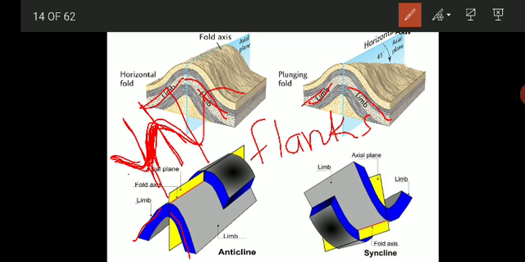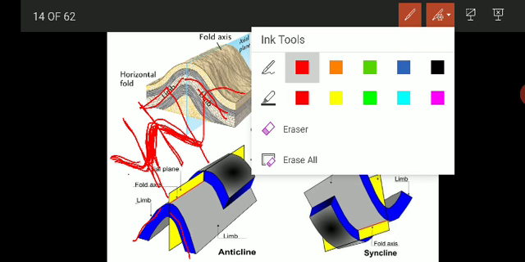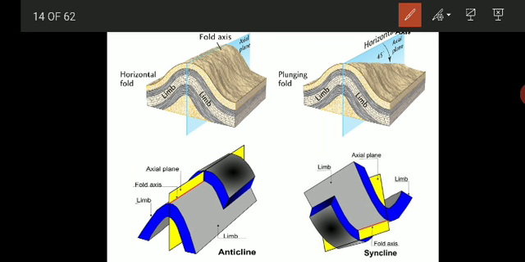Suppose the fold is individual like this, then it will have only two limbs, whereas in a series of folds, the central limb is shared by, or is common to, the two adjacent folds. So what is a limb? Limb is the side of the fold or flanks of the fold.